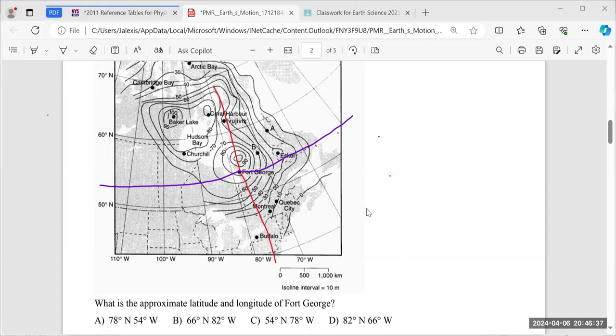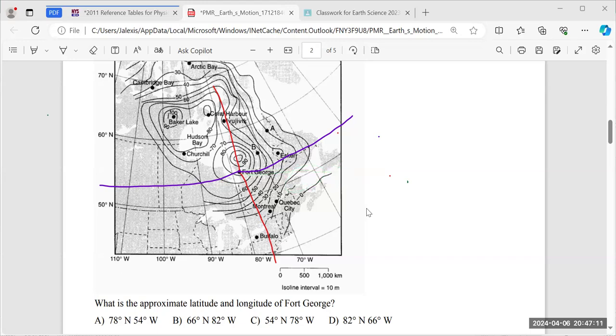So one thing I want you to pay attention to, once again, is the fact that my latitude lines are slightly curved, so I'm going to follow that same type of curve, right? Because if you go to Fort George and look directly to the right, you'll notice that by doing so, you cross a latitude line.